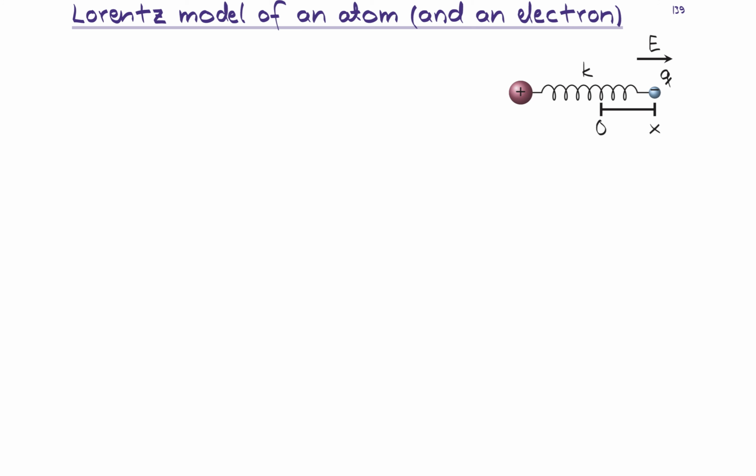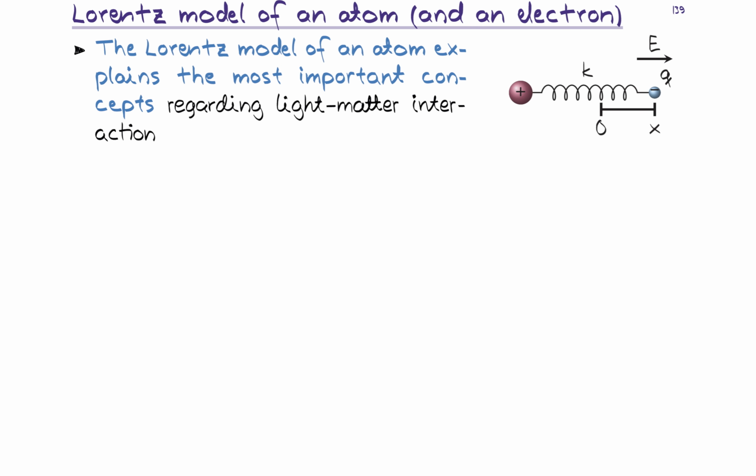Now let's look at what this implies for the actual light-matter interactions. The Lorentz model that we have now introduced really explains the most important concepts that we need regarding light-matter interaction. We can qualitatively calculate the refractive index profile, and we can even predict and estimate the wavelength or frequency dependence of the refractive index, so essentially how the refractive index is dispersive.